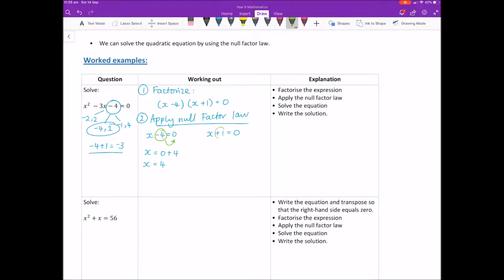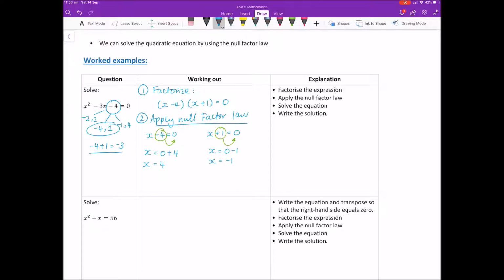Again, I can do something similar here, so I'm going to take that positive 1 to the other side, and I'm going to get x is equal to 0 minus 1, giving me an answer of x is equal to negative 1. And all this means now is that if I substitute x equals 4 into the equation, it will equal 0. Or I could substitute x is equal to negative 1 into the equation, and I will also get an answer of 0.